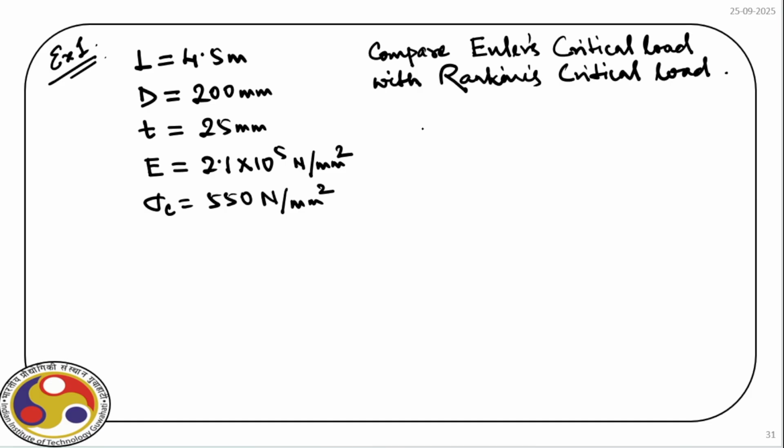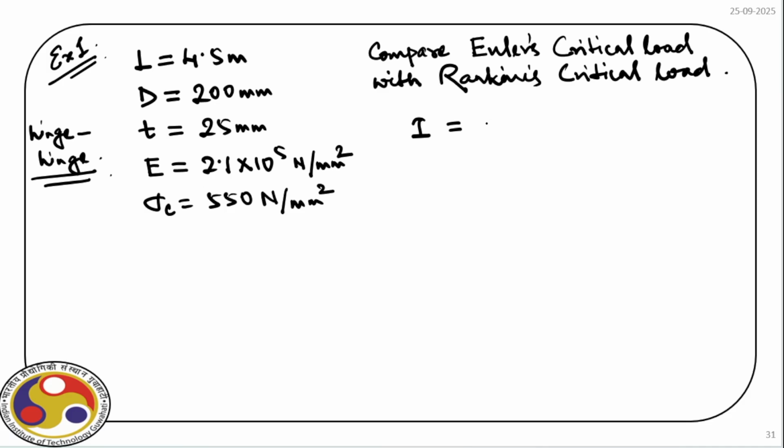Okay, so for this problem, let us first find out I, and boundary condition is hinge. So both ends of the column are hinged, and for that, let us first find out Euler's critical buckling load, and then we'll find out Rankine's critical load.